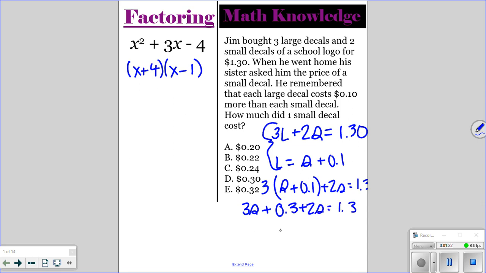And then you combine your like terms and subtract the 0.3. And so s is going to be 1 divided by 5, which is going to be 20 cents. And it says how much did one small decal cost. So 20 cents would be your answer.